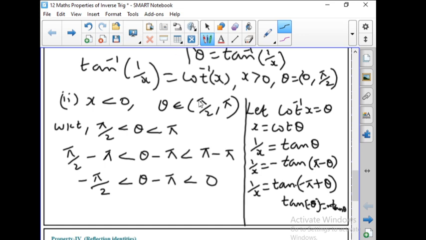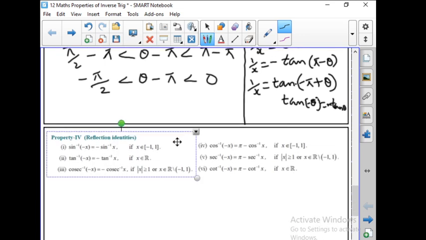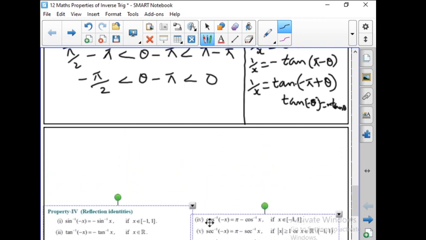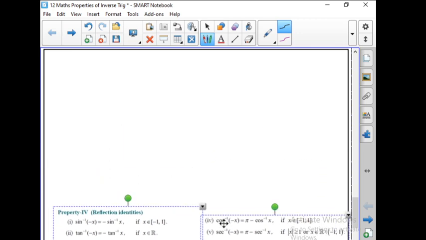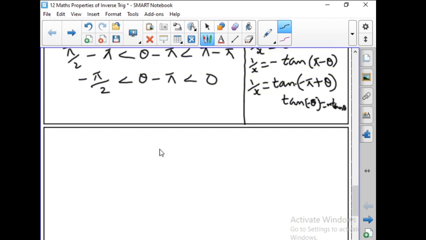So 1 by x is equal to tan of minus pi plus theta. So, what we get is tan inverse of 1 by x is equal to minus pi plus theta.